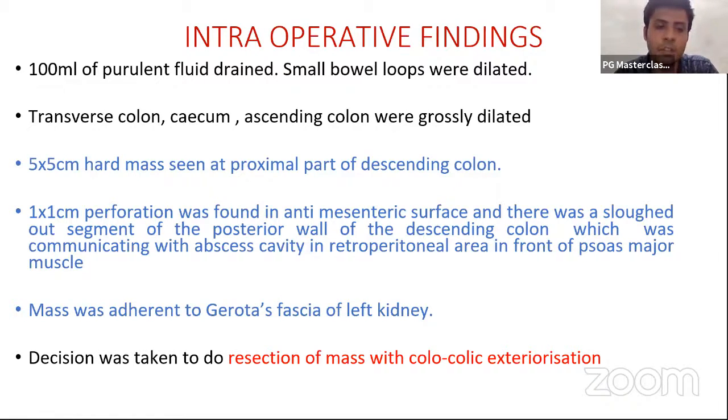Then there was also a sloughed out segment on the posterior wall of the descending colon, which was communicating with a retroperitoneal abscess in front of the psoas major muscle. And there were a few deposits over the Gerota's fascia of the left kidney. So these were the intraop findings.